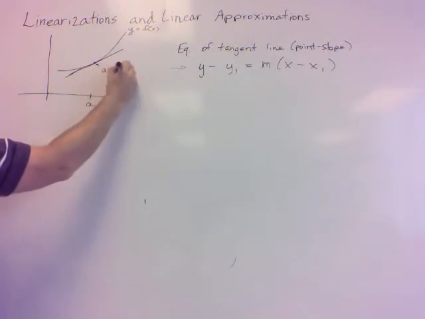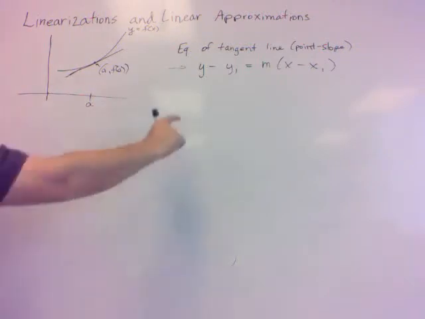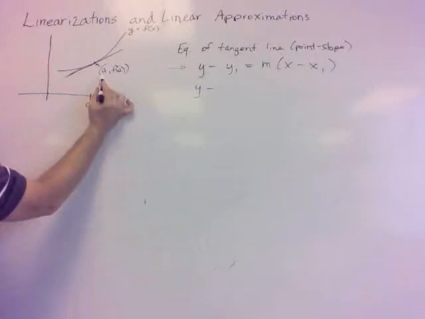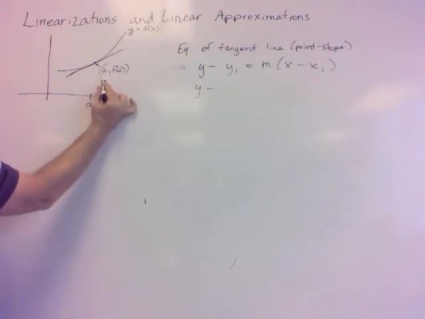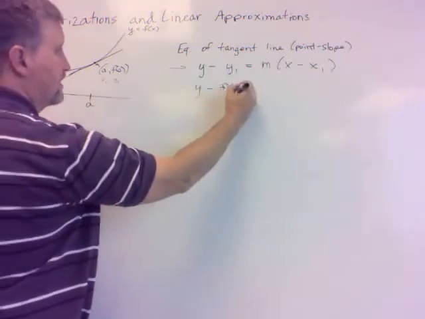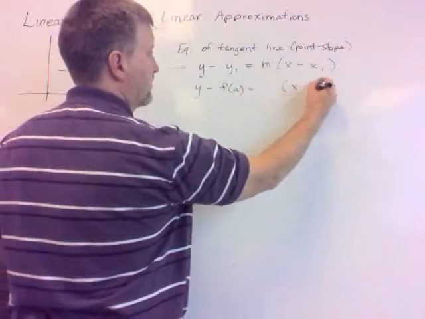That'd be the point. Okay, and so back on the point-slope form, this is my x1 and y1. So if I plug in that for x1 and that one for y1, I get y minus f of a equals, and then we'll talk about m just a second, x minus x1 would be x minus a.